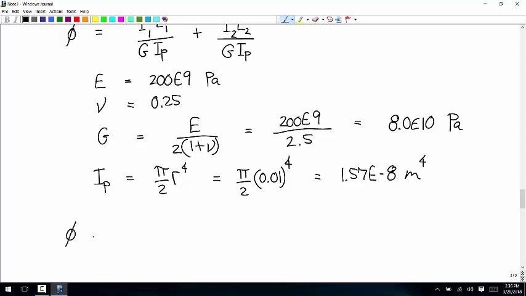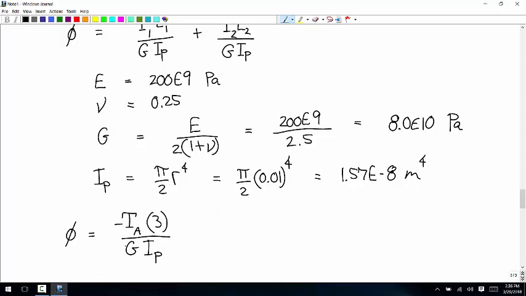So the total angle of twist is negative T_A times 3 divided by, oh, that's not even going to matter anyways. None of this stuff is going to matter, because this is all going to cancel out.